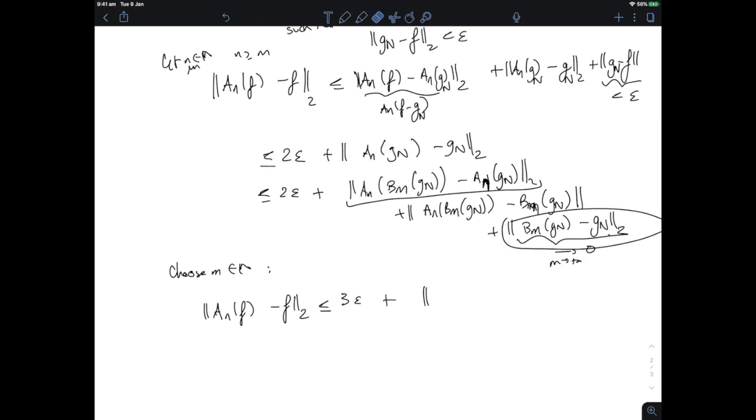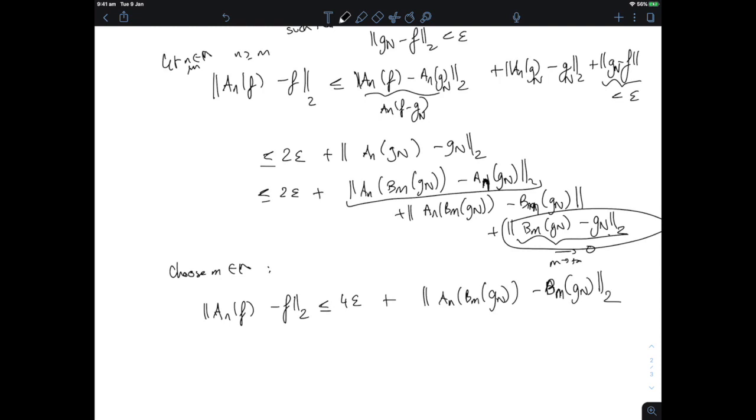So what we get is 4 epsilon plus An of Bm of g_N minus An of g_N. Sorry, minus Bm, the middle term, of g_N.